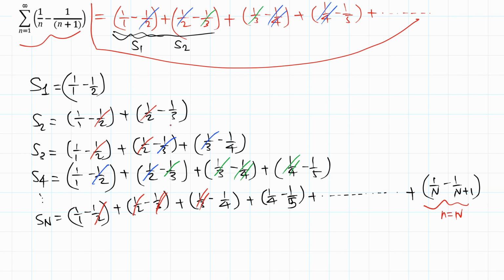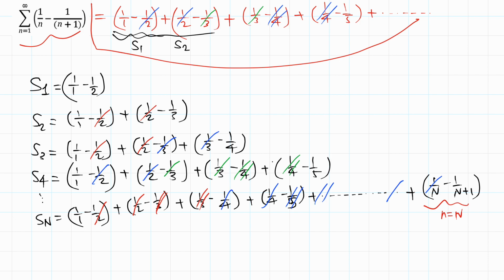1/3 cancels, right? And 1/4 cancels, 1/5 would cancel. And for n plus 1, the previous term would have been what? 1 less, n minus 1, so 1 over n minus 1 would cancel with this.